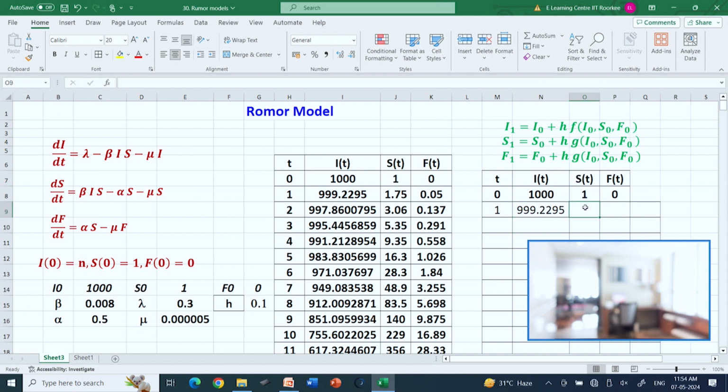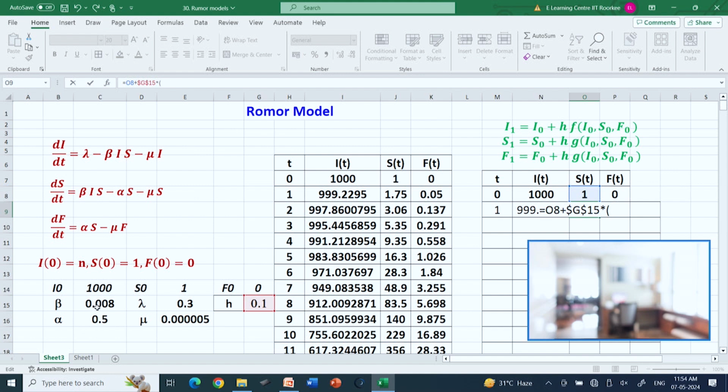So, the next value is again S0 plus h times, which is a constant, multiplied by this whole thing.